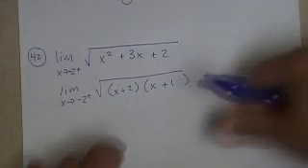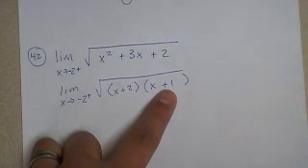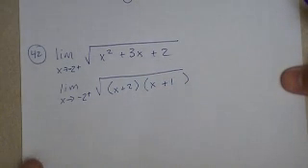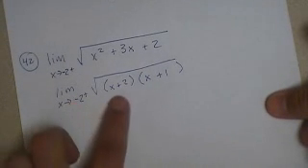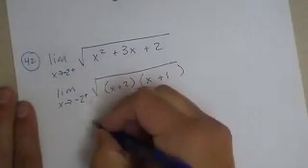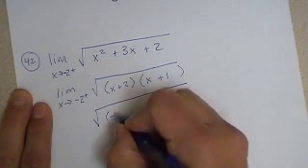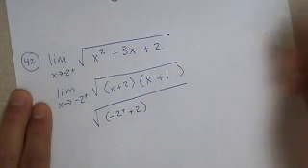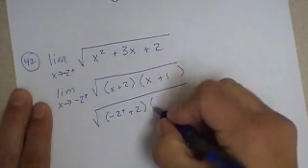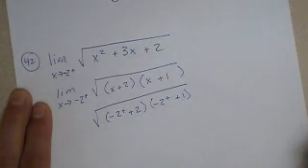That's okay. But what happens if this factor's negative and that factor's positive? That's going to be an issue, because then you're going to have a negative underneath that root. So I'm going to attempt to put a number slightly bigger than -2 in place of the x's at this point, and just think about what happens. So I'm going to have a number slightly bigger than -2 go here. I'm going to add 2 to it, and I'm going to have a number slightly bigger than -2 go here, and I'm going to add 1 to it.